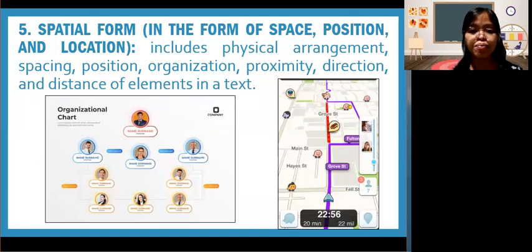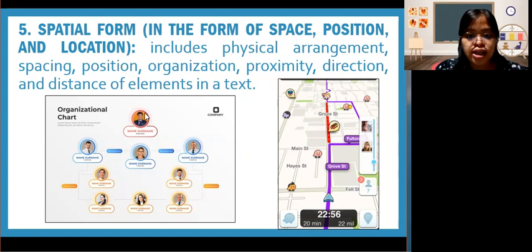And lastly, we have spatial form, or in a form of space, position, and location. This includes physical arrangement, just like in a classroom. You can see the teacher is in front and the students are facing the teacher. It means that the information will be coming from the teacher and will be given to the students. And usually the teacher is more superior than the students.